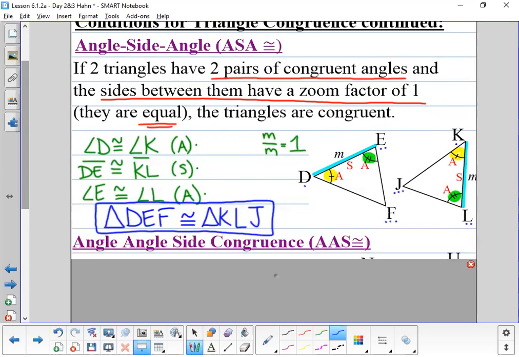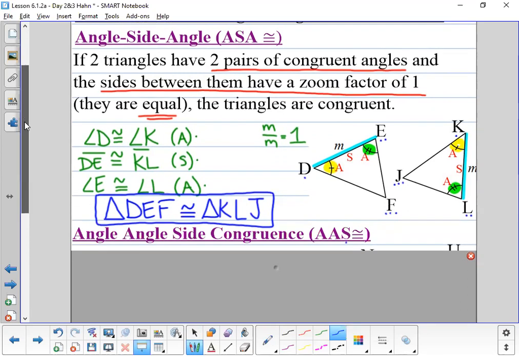We also have angle, angle, side congruence, which seems like it should be the same thing, but the big difference here is where your side is. So in this first one, our side was between the two angles, ASA. In this one, the side is not between the two angles, so it's AAS. So where that side is will dictate whether you use angle, side, angle, or angle, angle, side.